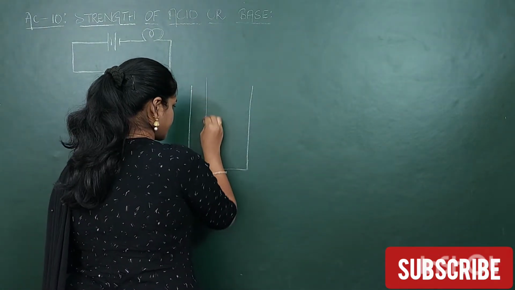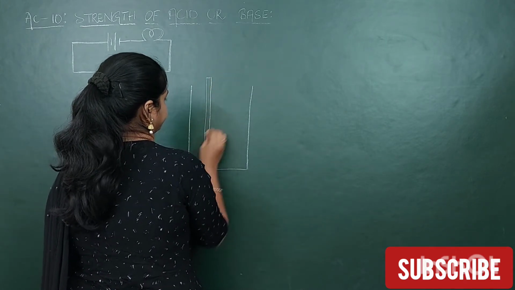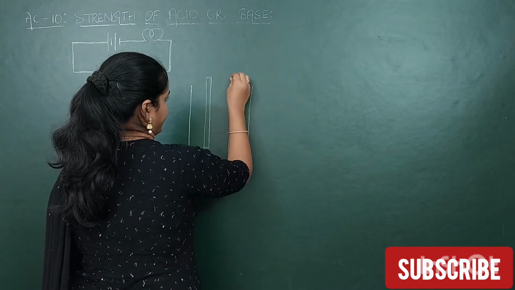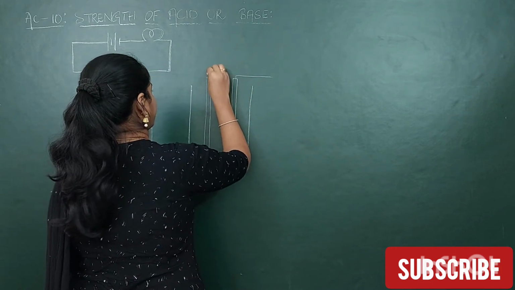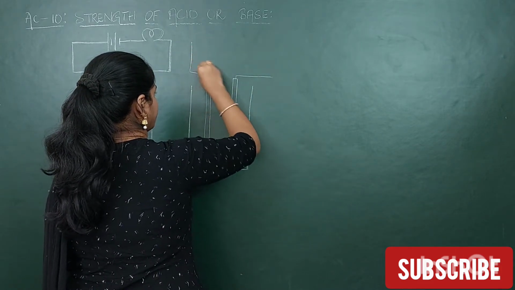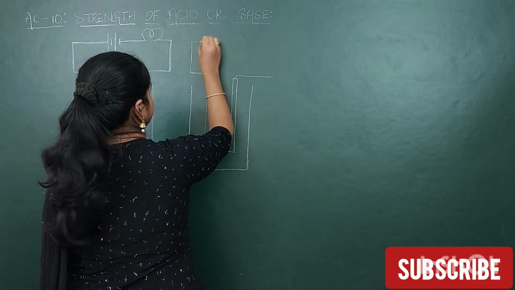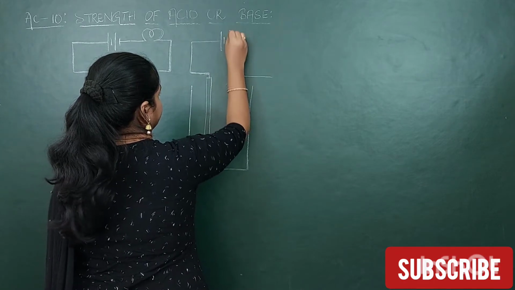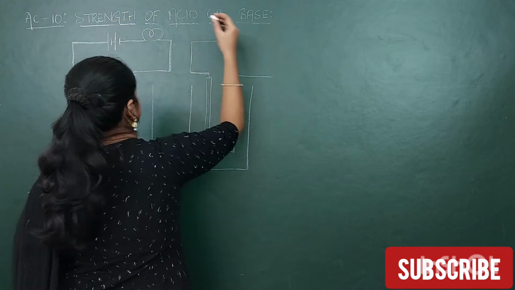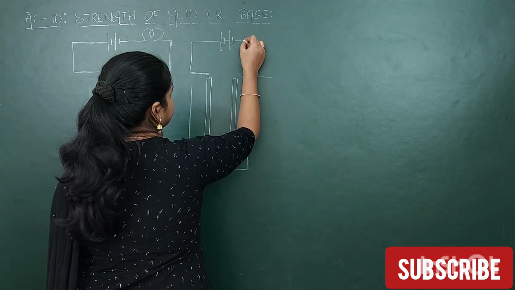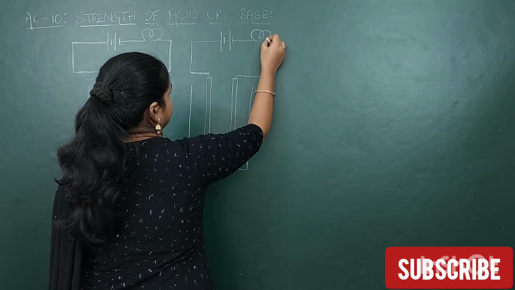In this beaker also, place two graphite rods, and then connect them to the battery with the help of wires. One end of it should connect to a bulb.